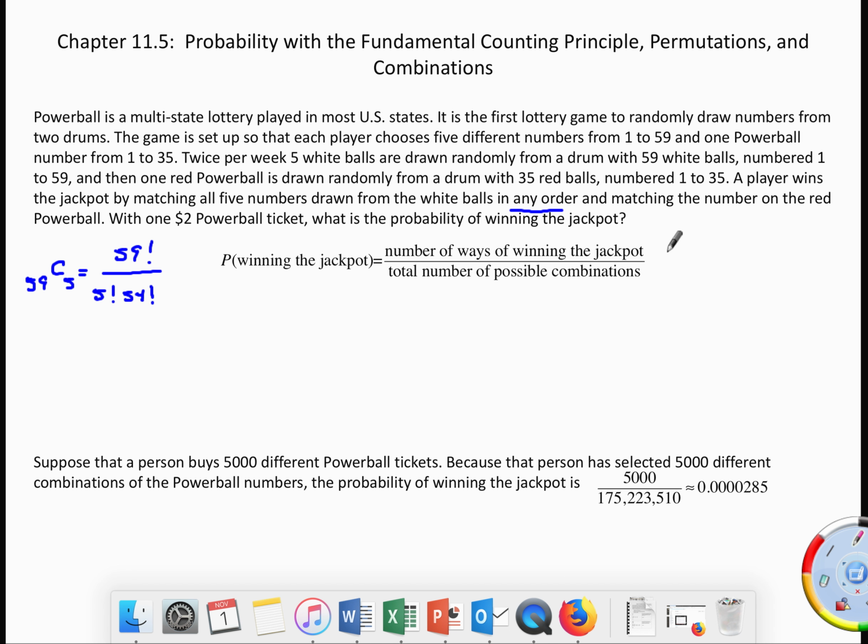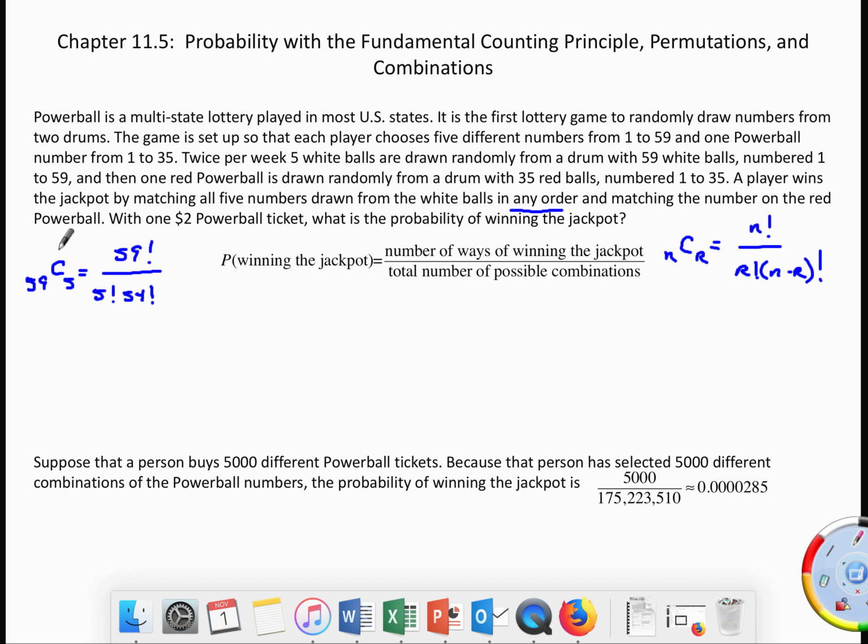Remember our formula for n choose r is n factorial over r factorial times n minus r factorial.